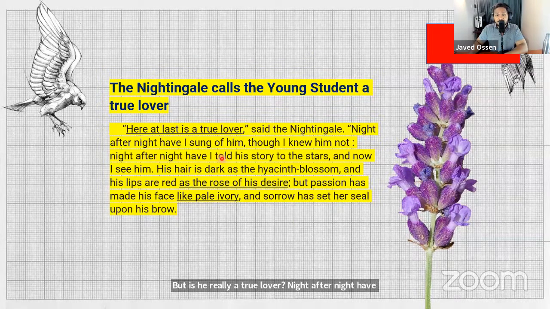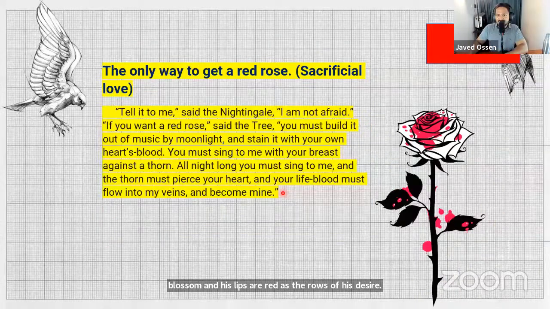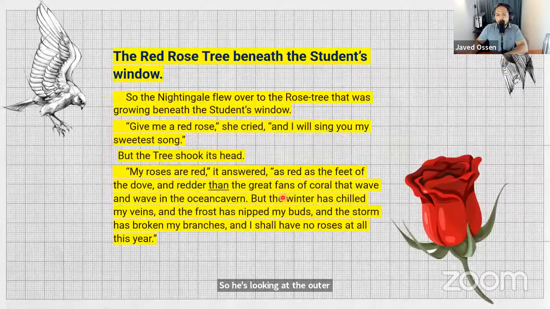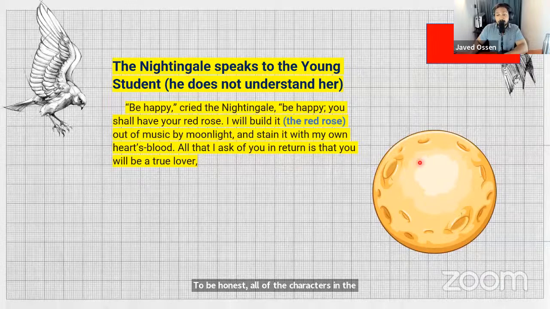Night after night have I told his story to the stars. And now I see him. His hair is dark as the hyacinth blossom, and his lips are red as the rose of his desire." So he's looking at the outer appearance. Hasn't the nightingale also made a mistake? To be honest, all of the characters in The Nightingale and the Rose have made mistakes. You have to be really careful when you judge these characters, okay?